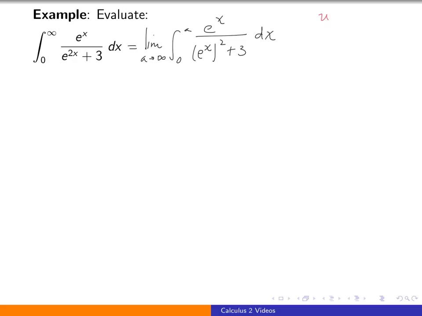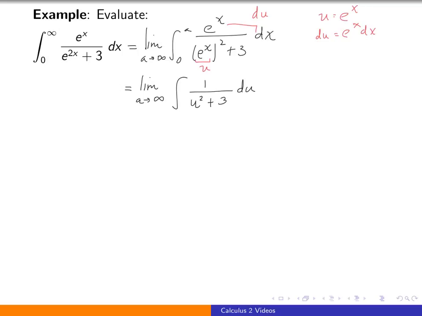We will let u be equal to e to the x so that du is e to the x dx. So e to the x dx is our du, and e to the x is u. So at each step we write down the limit, so limit as a approaches infinity. An integral with limits of integration we are going to need to determine, but the integrand very conveniently becomes 1 over u squared plus 3 du.